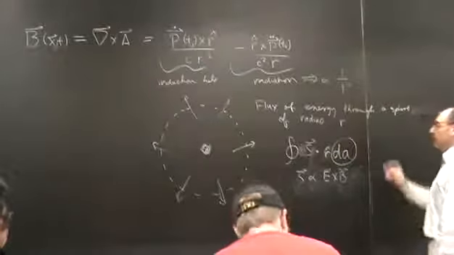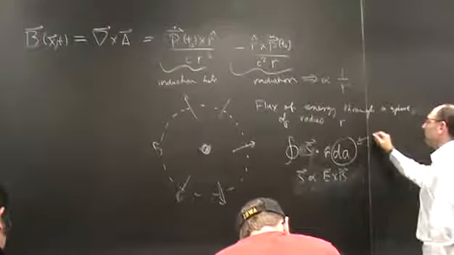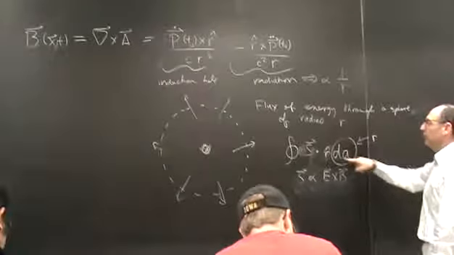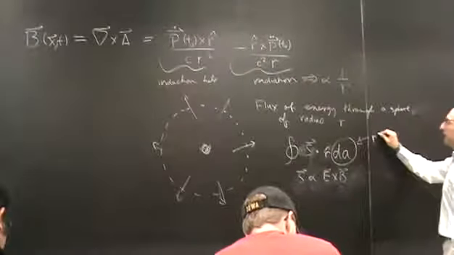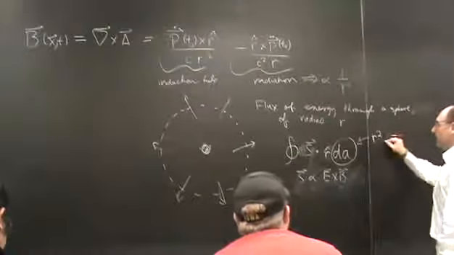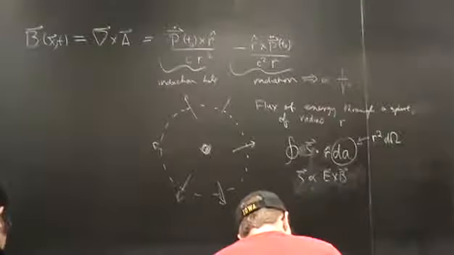The area here scales, the unit of area on the sphere is proportional to r squared times the unit of solid angle.